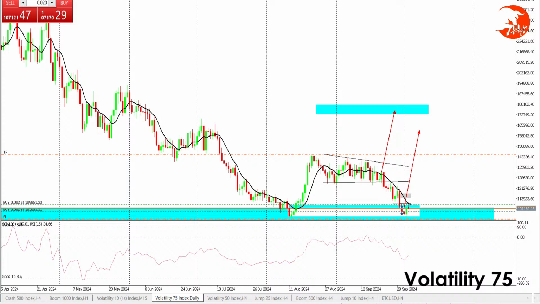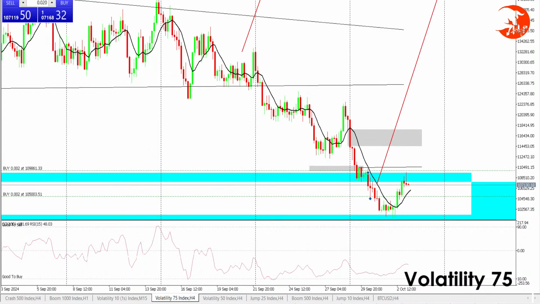So it's a 1 to 3.5 risk to reward ratio that I'm aiming at. Those who remember, this is a buy that I'm still in. One position is in profits, the other one is in floating losses currently.